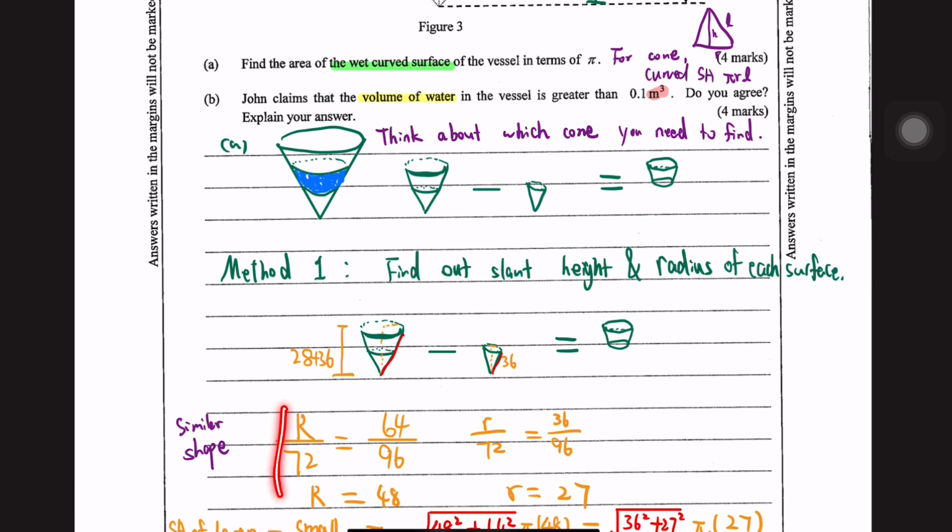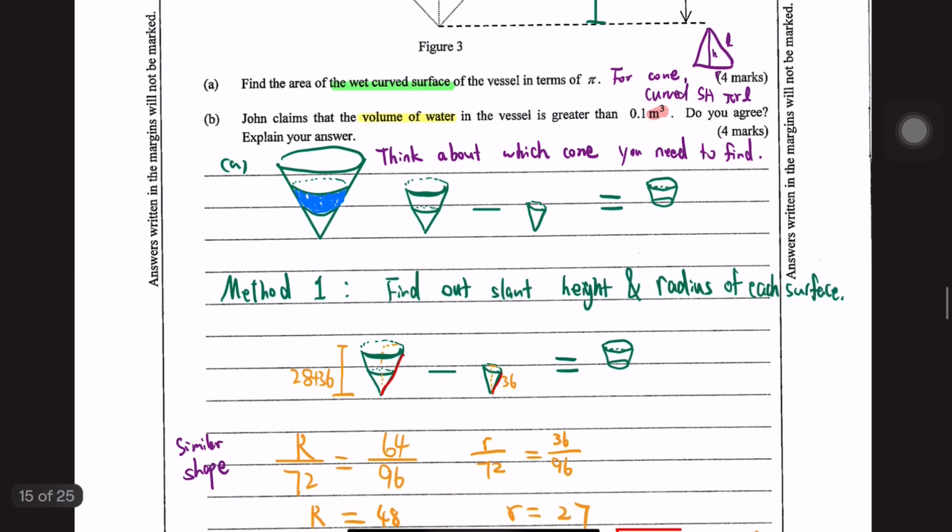So after you calculate, you will find out the middle cone will have the radius 48. And then for the smaller cone, same method here, find out the height ratio, and you will have the same ratio with the radius, and then the radius is 27. By finding out the radius, you already have the height. Now you are finding the curved surface area, so you need the slant height.